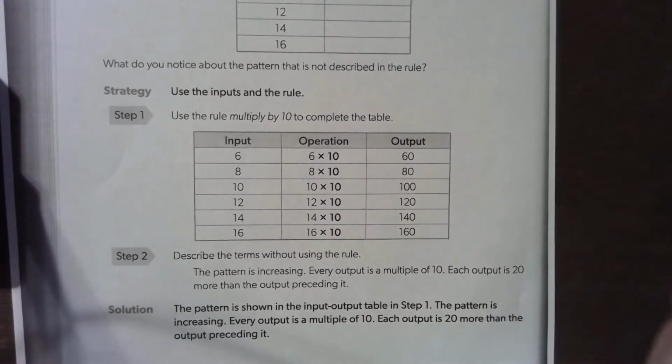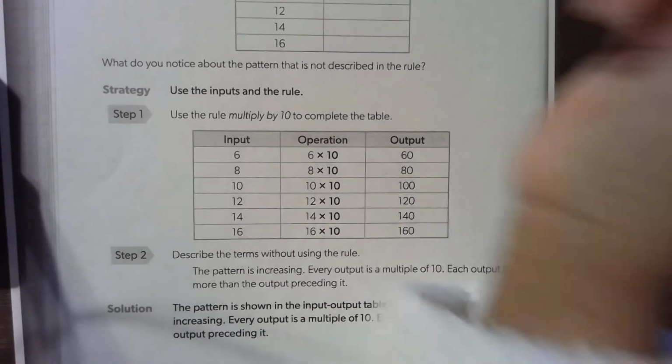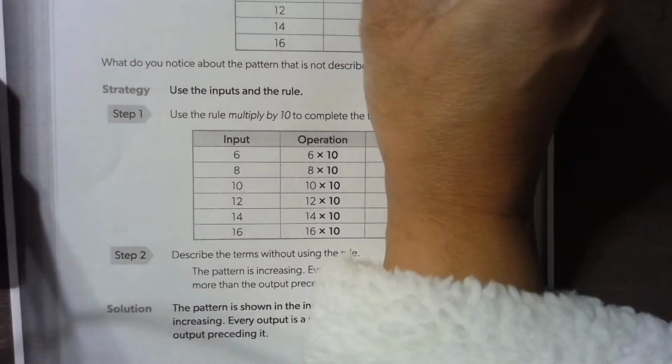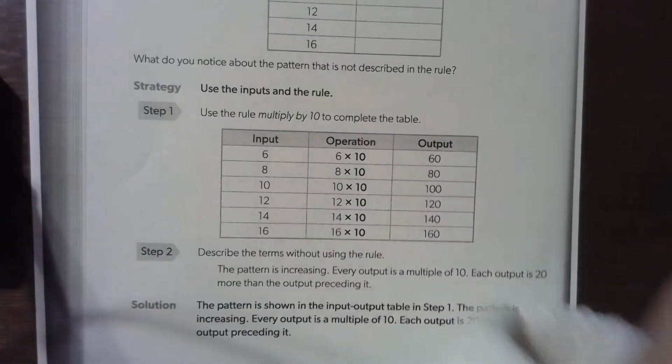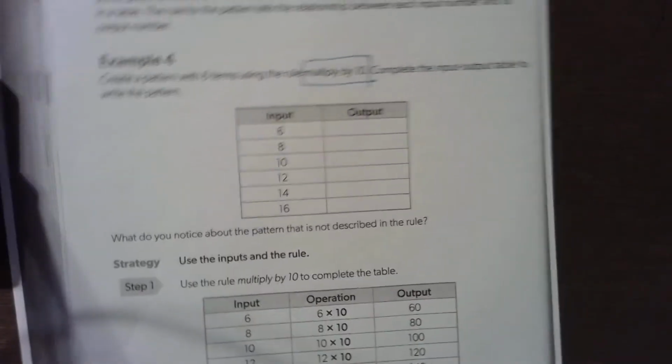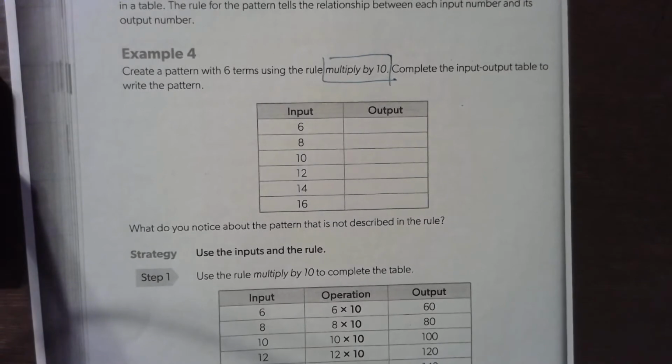It says create a pattern with 6 terms using the rule multiply by 10. So this time it's giving us the rule, and it's shaped like an input-output table.